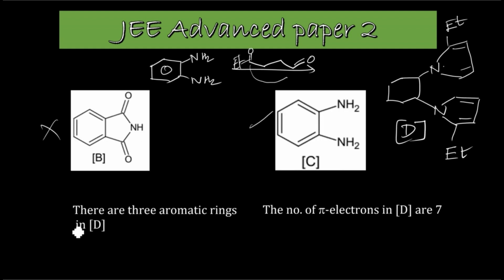There are 3 aromatic rings in D. Is it true that all are aromatic rings? Yes, 1, 2, 3 aromatic rings are there in D. The number of pi electrons in D is 7: 1, 2, 3, 4, 5, 6, 7. That is also right. So the answer to this question is B, C and D.